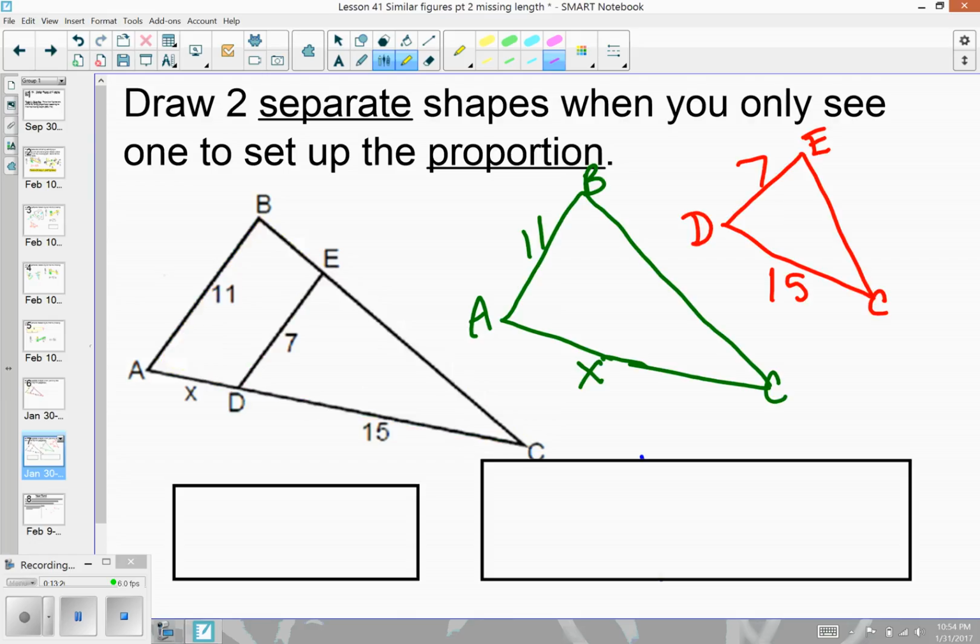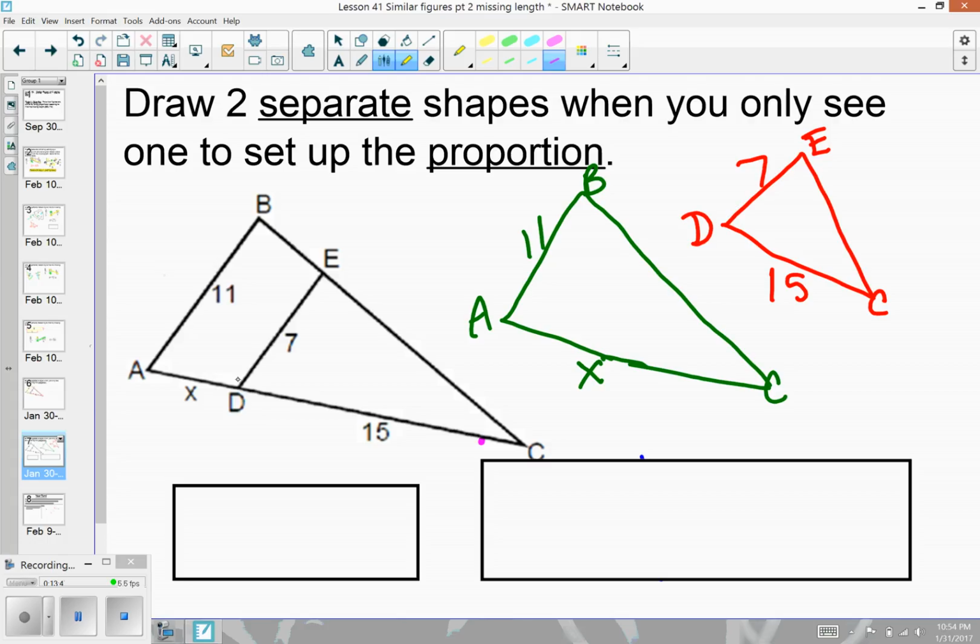Here we go. What I've done is I've taken the large shape, A, B, C, as our triangle, and I've drawn it out over here, and I've included all of the parts. And in this case, I'm going to assume that x is going to be the whole value from A to C. I'm not entirely sure for this example, but that's what we're going to go with, okay?